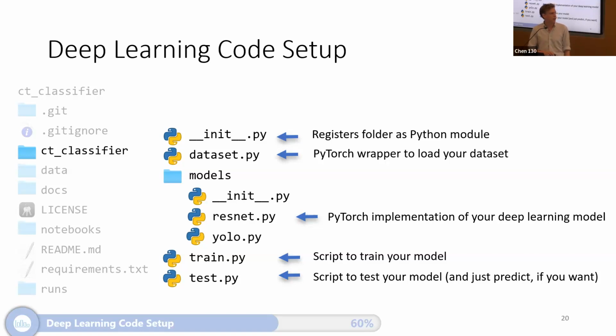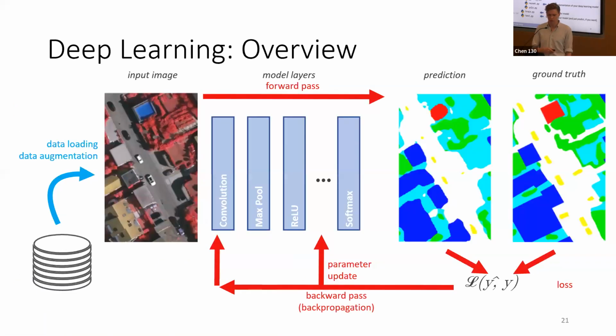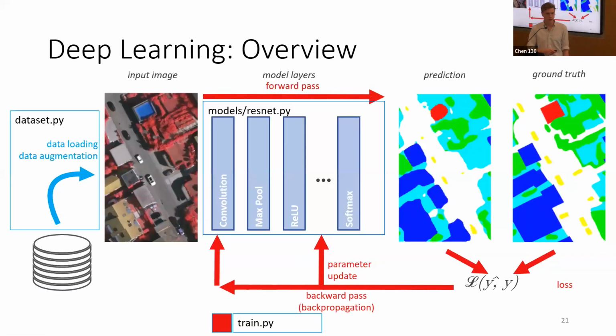And then lastly, a test.py that is executed after the model is trained to evaluate the quality of the model's performance. So going back to the diagram, the dataset.py does the data loading, the models are those layers, and then the train.py contains all the red arrows, sort of organizing this whole structure.